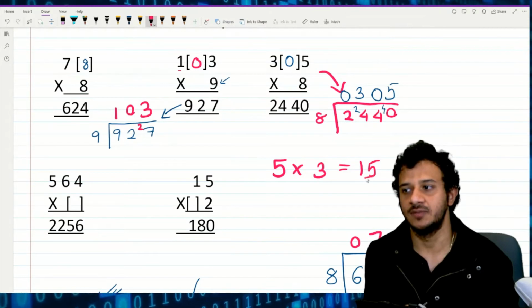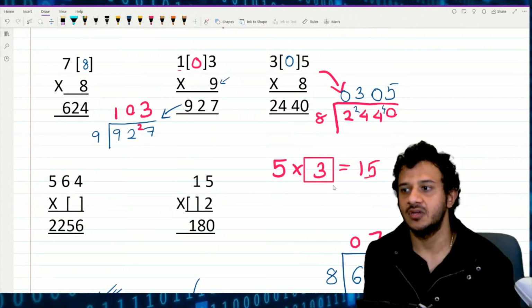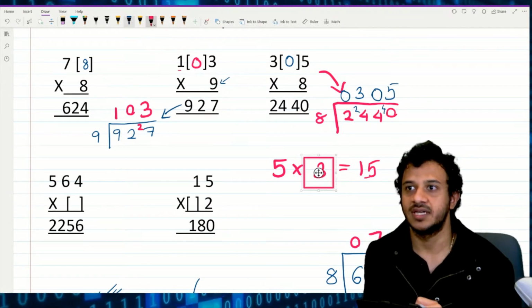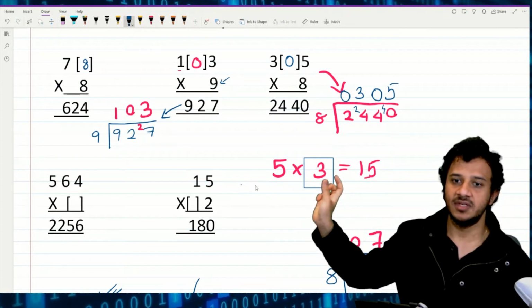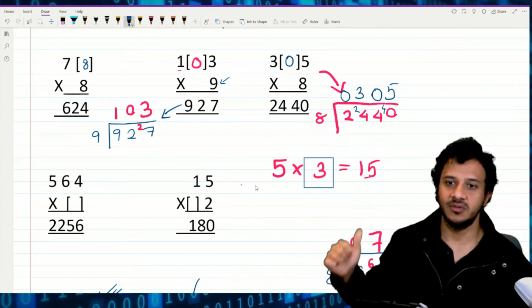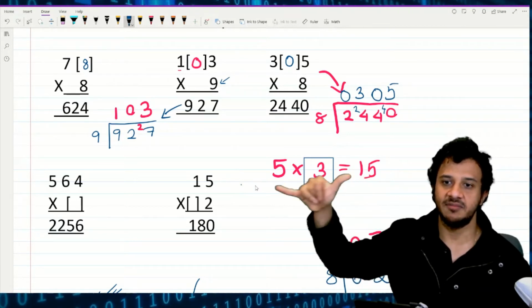We know that. But here the question is 3 is not given, the second number is not given. When the second number is not given, to find that second number, what should I do? With 15 and 5, because 15 and 5 are given to me, the second number is the number which is not given.